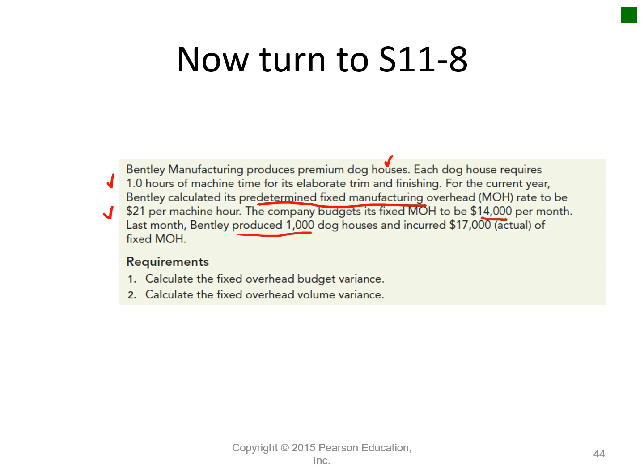Lastly, they produced 1,000 doghouses and incurred $17,000 of actual fixed overhead. So right away, we've got budgeted fixed overhead of $14,000 and actual fixed overhead of $17,000. You take the difference, and that gives you your budget variance. But I'll show you in a moment how to get the volume variance.